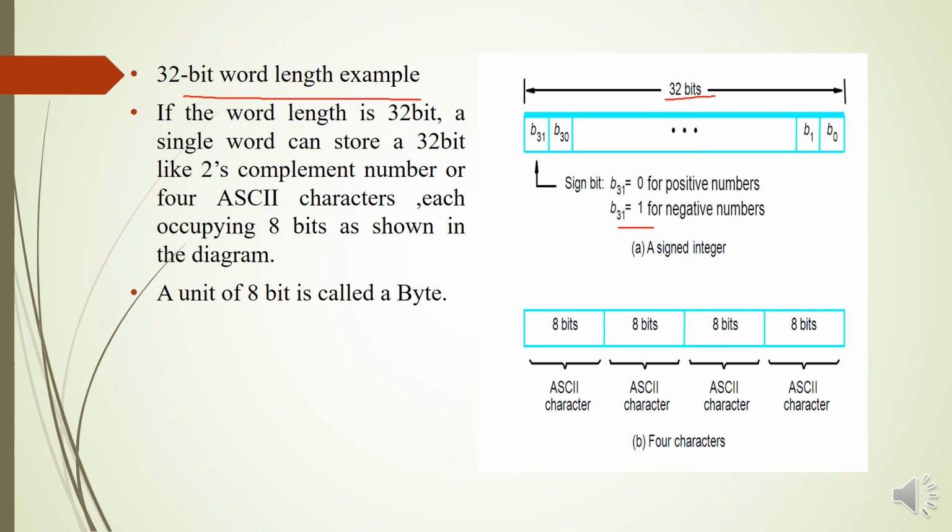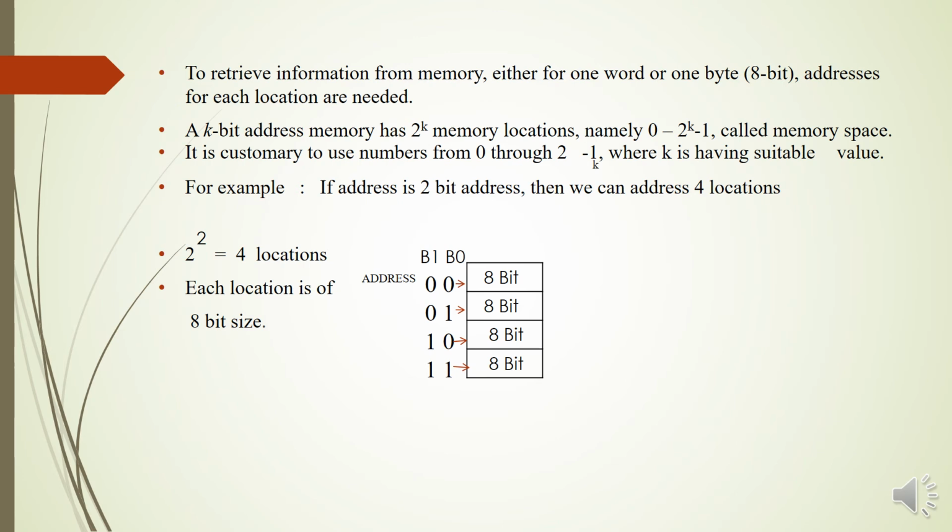Here this 32-bit word can also be represented with ASCII characters for representing characters. Each character will have one byte location for storing purposes. To retrieve information from the memory, either one word or one byte, the address of each location is needed.